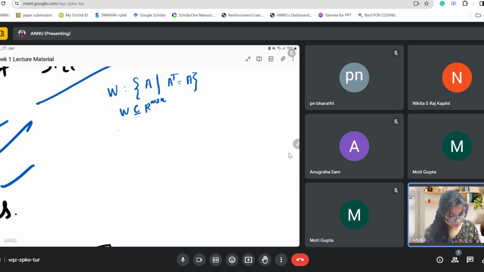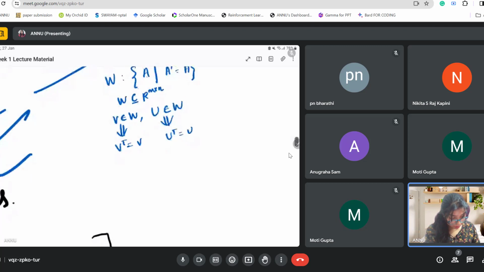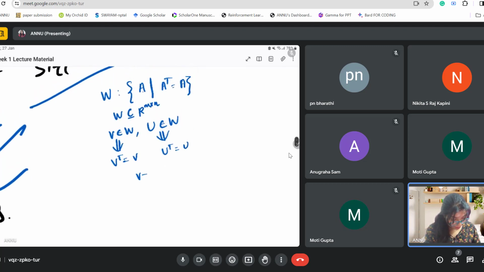So let us say V belongs to W, U belongs to W. This implies V transpose equals V, and U transpose equals U. Now let us sum V plus U. Will it belong to W?